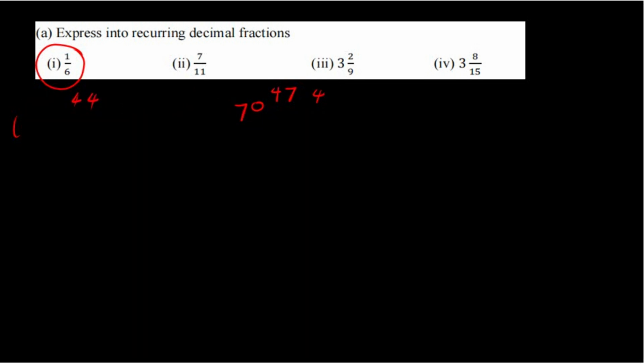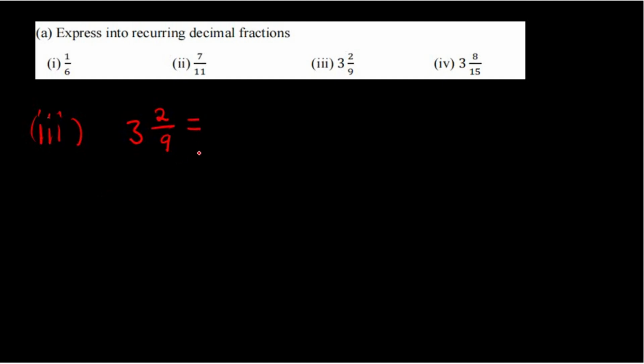On question 3, you have 3 and 2 over 9. The shortcut way to deal with this is that this is a mixed fraction.